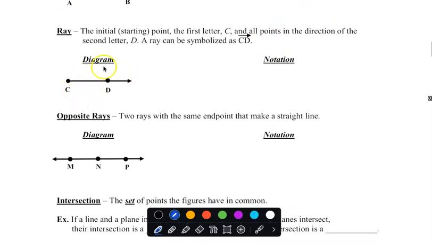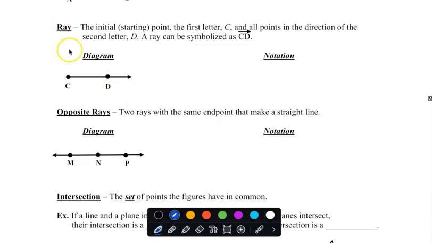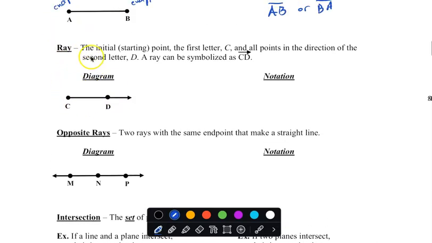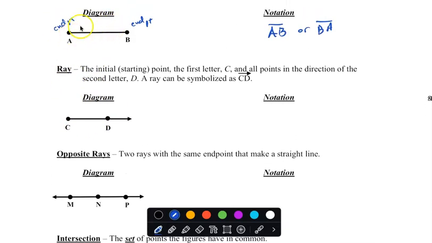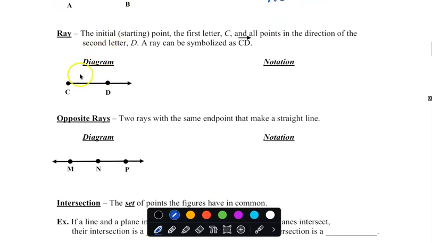A ray is kind of what it looks like. It looks like an arrow. A ray is a little different. In this case, the points actually matter. So when we did a line segment or a line, it didn't matter if you did AB or BA. Same thing. In this case, it does matter. So a ray has direction, right? We have an initial point, the starting point. So this is my initial point. And then we have where all the points are going, which direction it's going to.